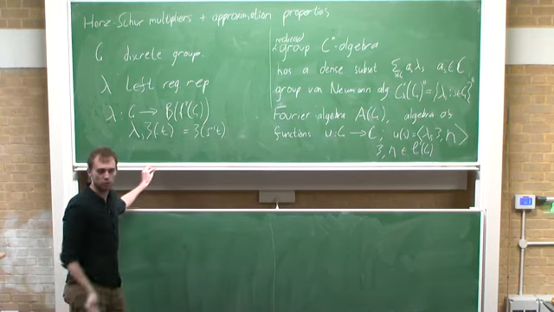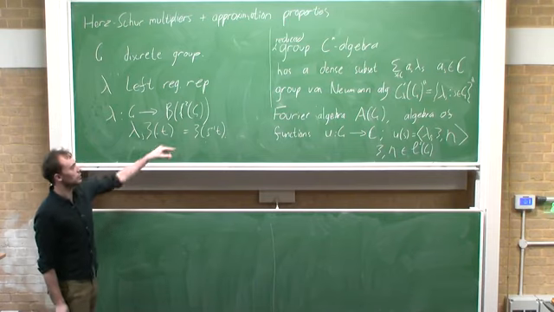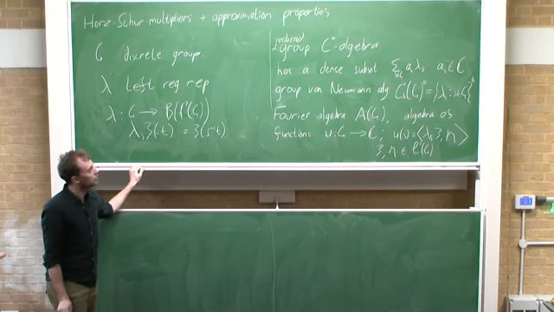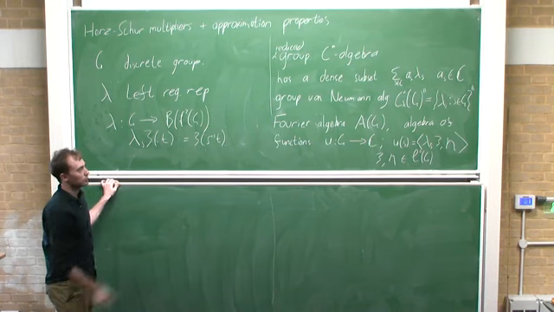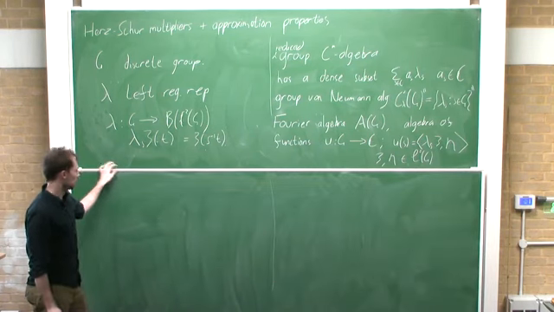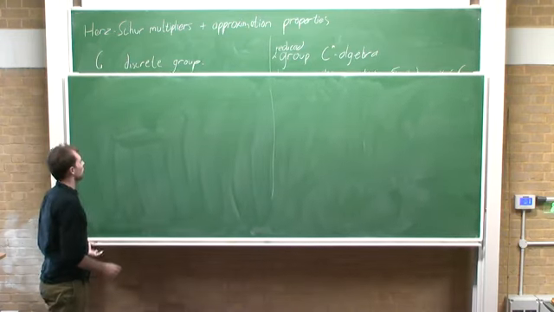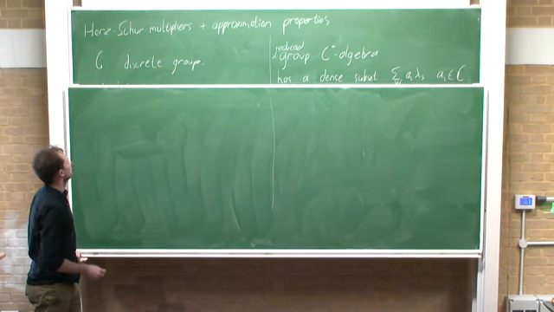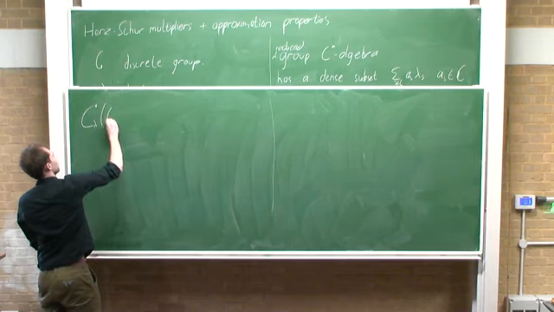So all these spaces will appear at various times, but I mainly want to talk about the group C-star algebra. But the Fourier algebra and the group von Neumann algebra will feature too. They're all related in the following way.